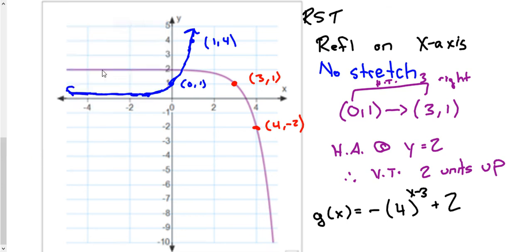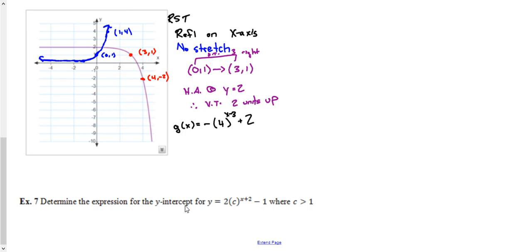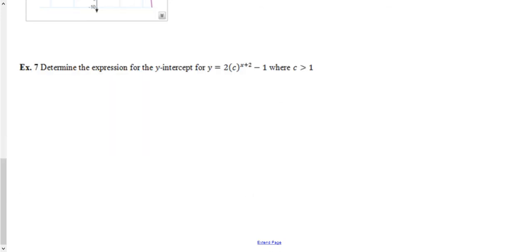In the next example, example 7, it says determine the expression for the y-intercept here. Well, if I ask you to determine a y-intercept, which value, x or y, needs to be 0? For y-intercept, you know x always equals 0. So in this equation here, I'm just going to sub in 0 for x there. So I have y equals 2c to the power of 0 plus 2 there, minus 1.